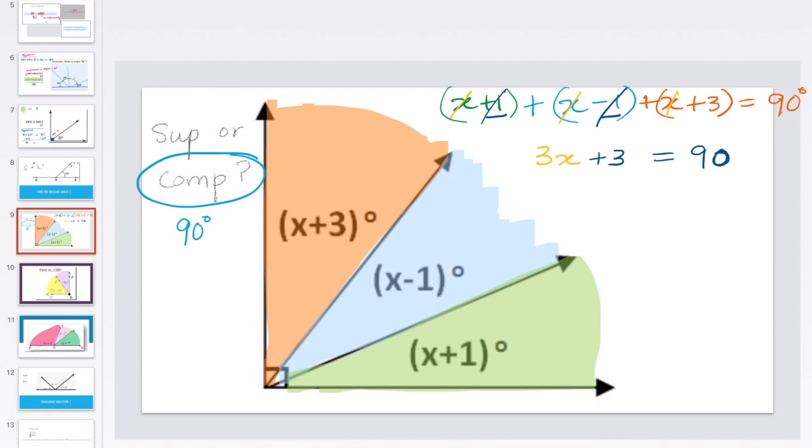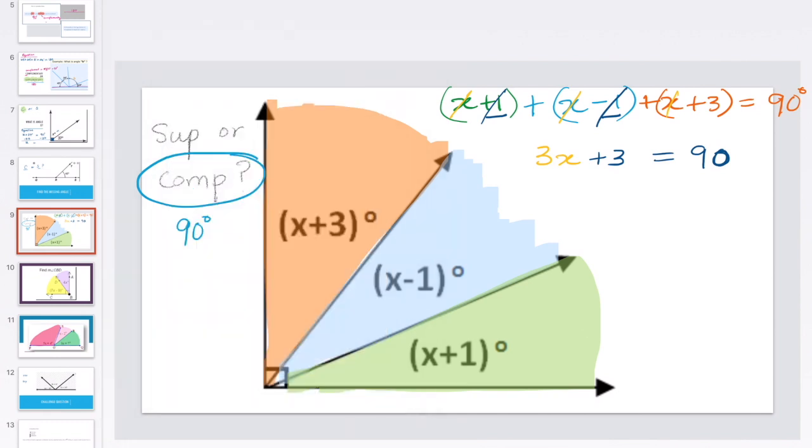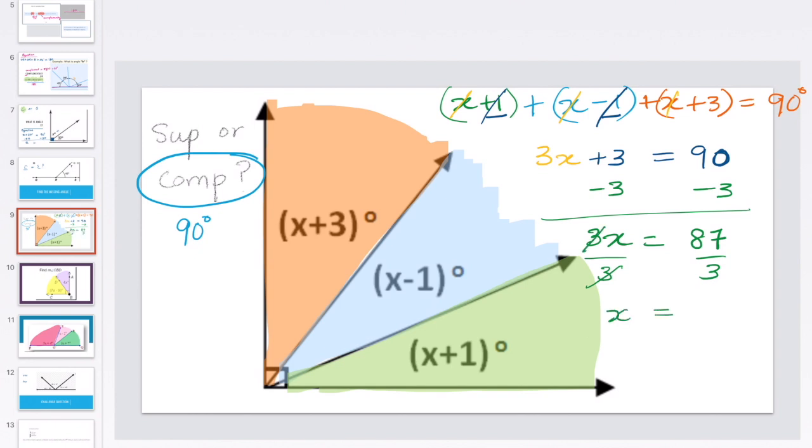Okay, so minus 3 on both sides, which is going to give me 3x equals 87. Now I'm dividing both sides by 3, cancel each other. X is equal to 87 divided by 3 is 29.